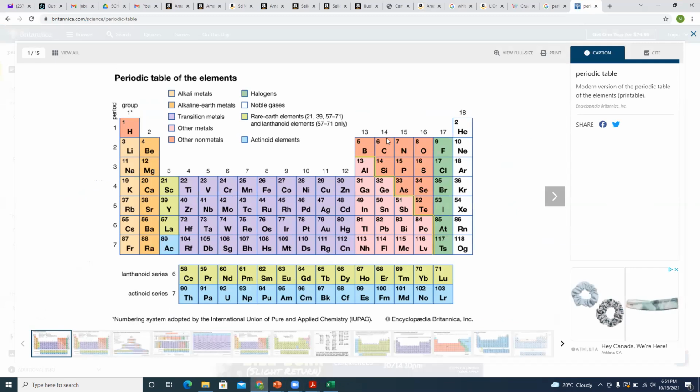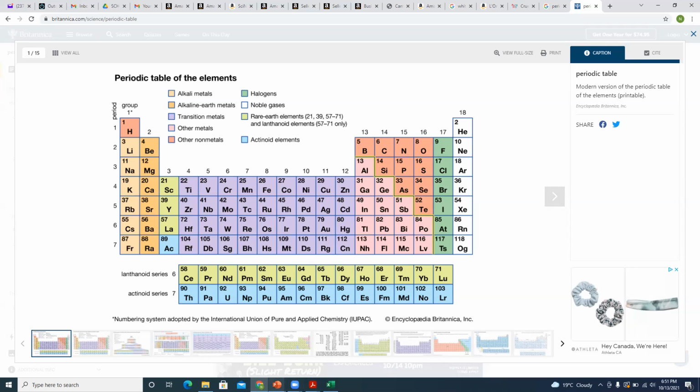The atomic number for carbon is 6. That tells us that it has 6 protons. But because we know this is a neutral element, all of the elements on this table are neutral, they don't have a charge, they're not ionized, so if it has 6 protons, it must also have 6 electrons.